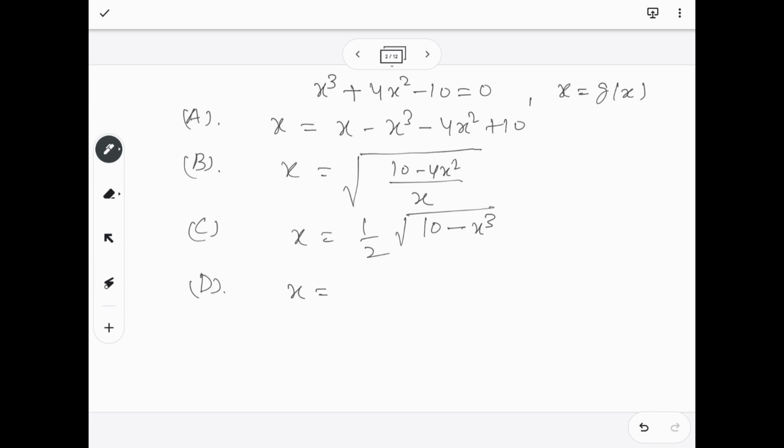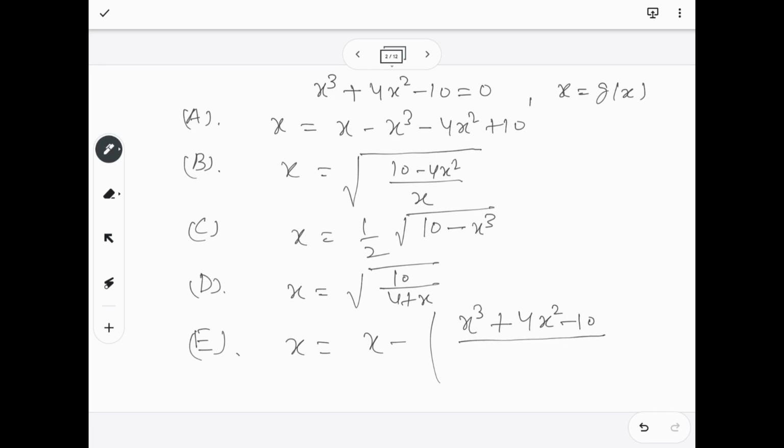Then we can also write it in this form, square root of 10 by (4 plus x), and finally we can write it in this form as well, x minus (x cube plus 4x square minus 10) by (3x square plus 8).